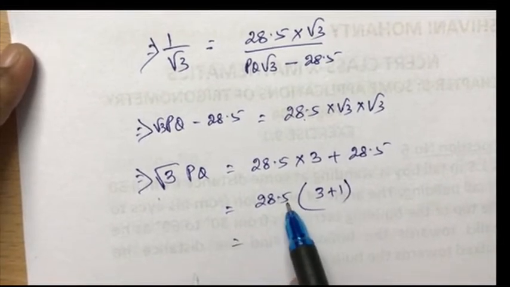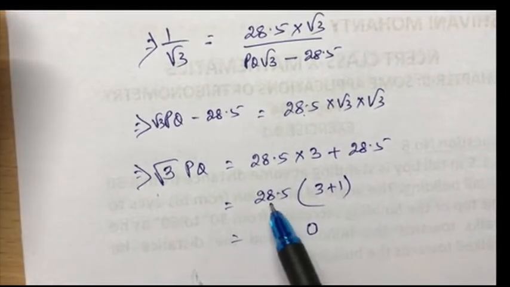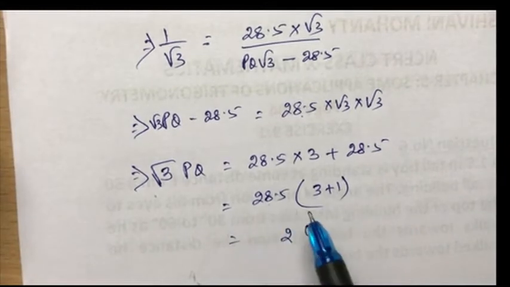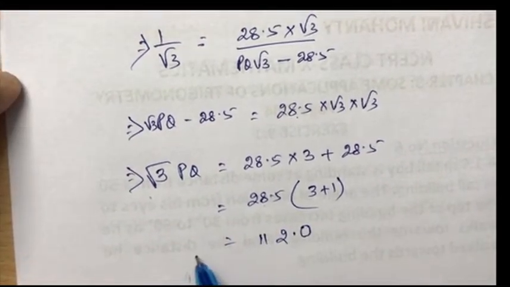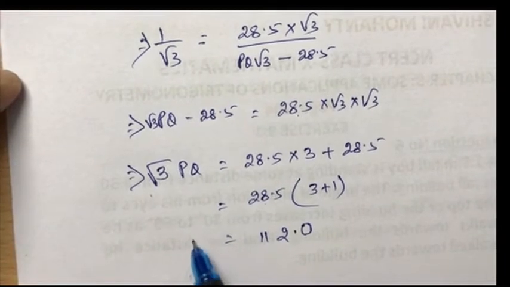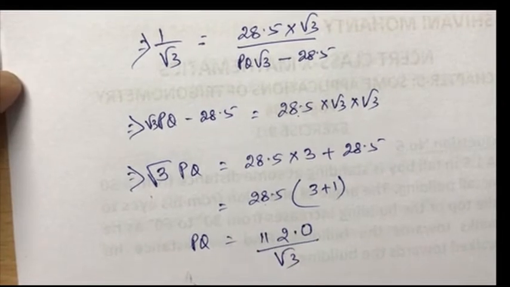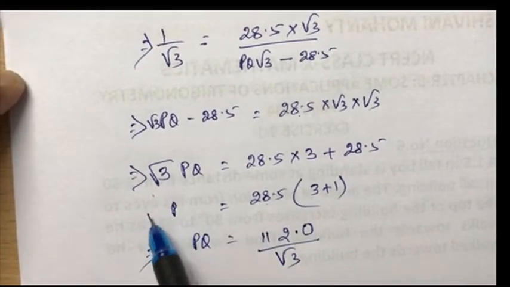So 4 into 5 is 20, 0 carry 2, 4 2s are 8, 10, 11. So I can write PQ is equal to this by root 3.